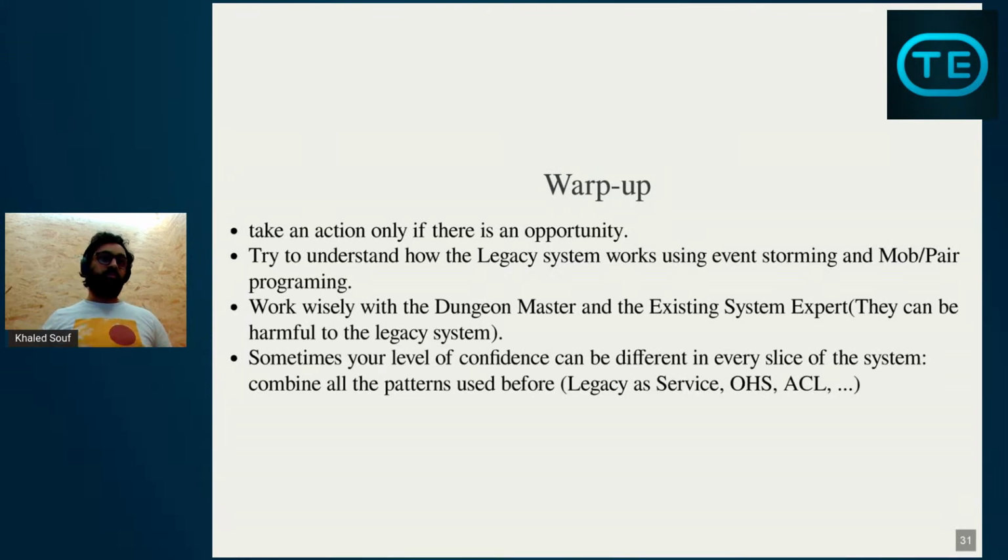And like I said before, depending on the slice of the system, you can have a different level of confidence about the legacy system. In this case, every case is going to be something different. So you can have a low-level anti-corruption layer, a higher level one, and even an open host service.